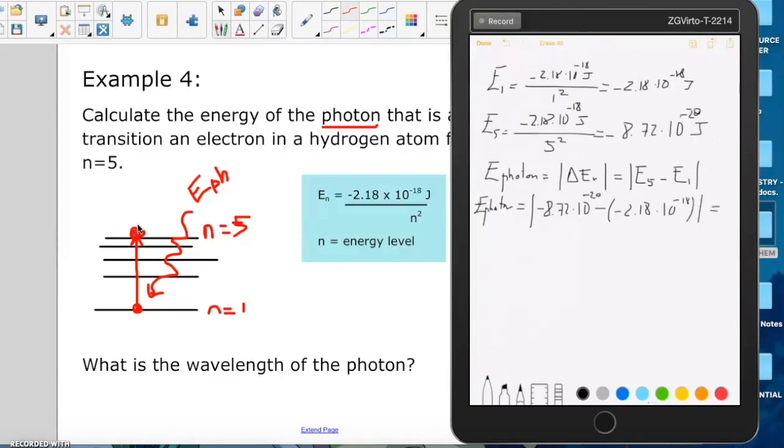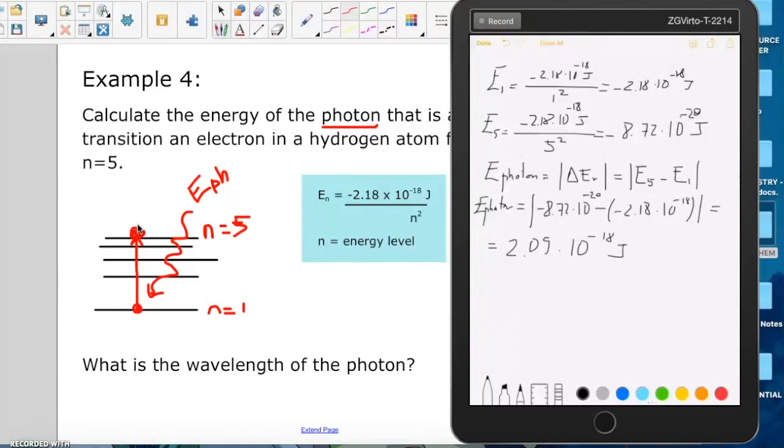If I plug these numbers into the calculator, minus 8.72 exponent minus 20 minus 2.18 exponent minus 18, it will be 2.09 times 10 to the minus 18 joules.